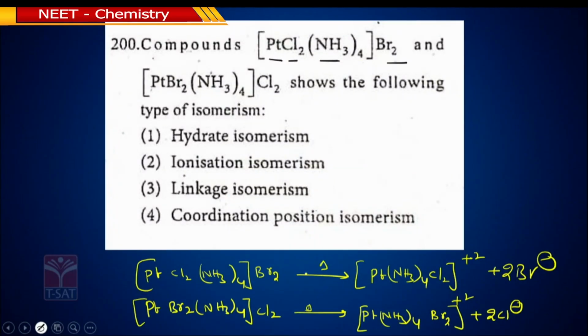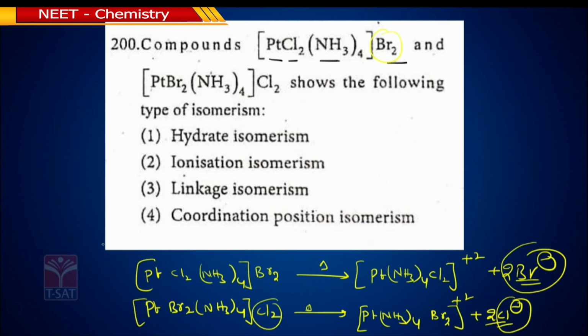Upon ionization, here we got Br minus, and here Cl minus. We have got different ions, so that is why we call this ionization isomerism.